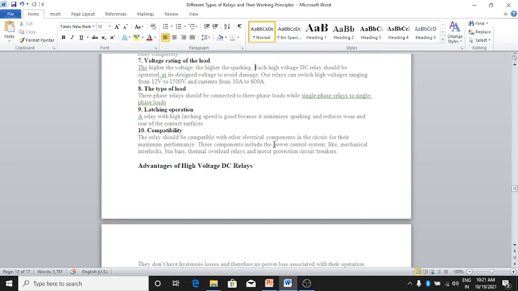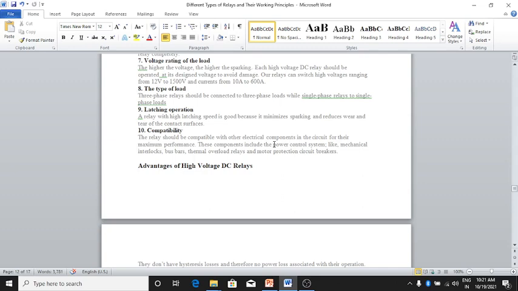The type of load. Three-phase relays should be connected to three-phase loads while single-phase relays to single-phase loads. Latching operation. A relay with high latching speed is good because it minimizes sparking and reduces wear and tear of the contact surfaces. Then is compatibility.